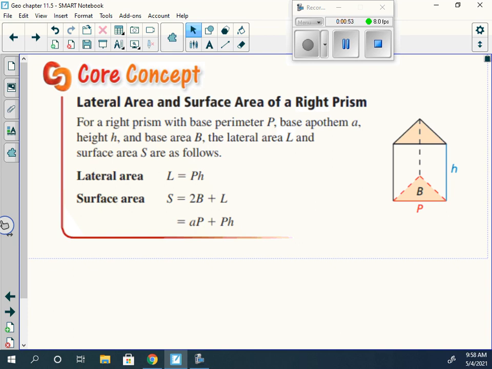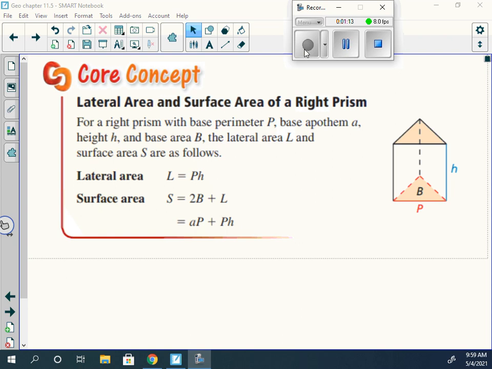And what we're going to do when we find the surface area is find the area of each of the different faces and add them all together. So for most prisms, what we can do is find the lateral area, which is going to be the perimeter times the height.